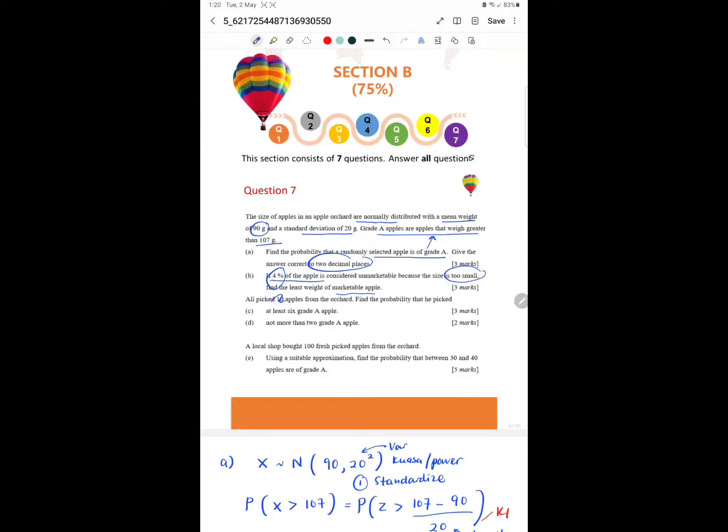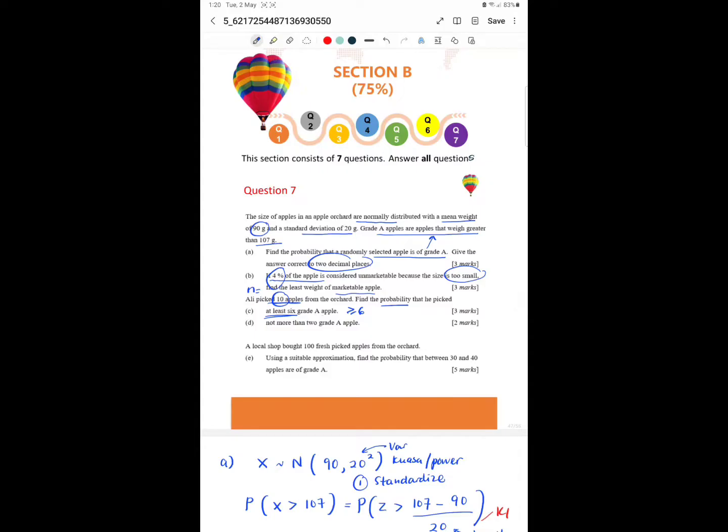Next question: we have 10 apples, find the probability that he picked at least 6 grade A apples. This is actually a binomial distribution, at least 6 means more than or equal to 6. Where are we going to get the probability?